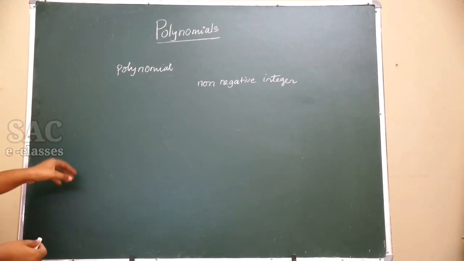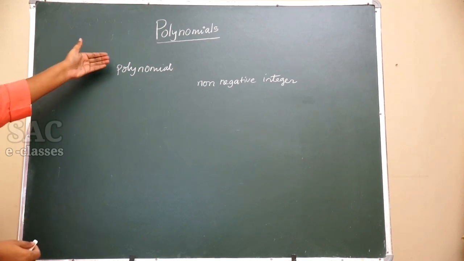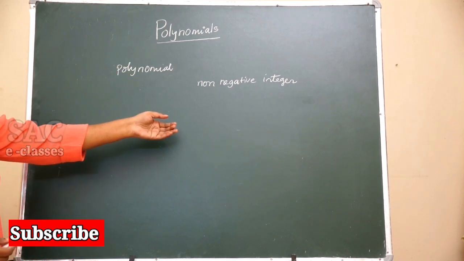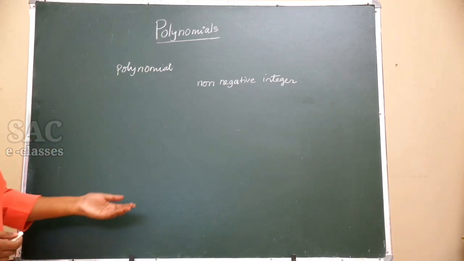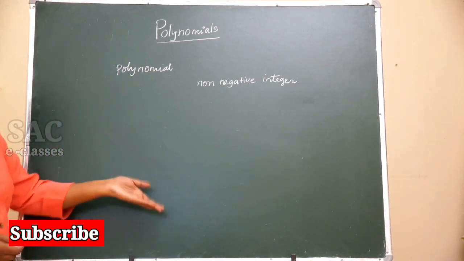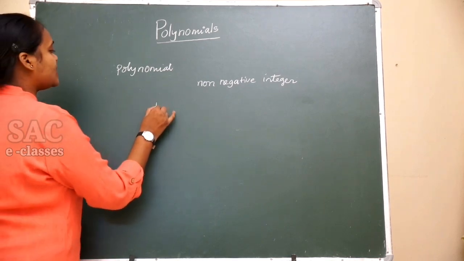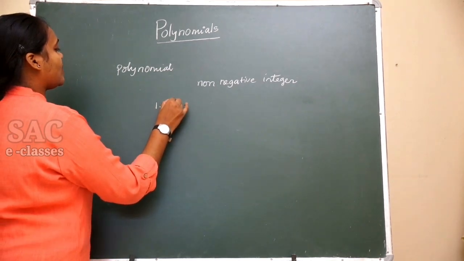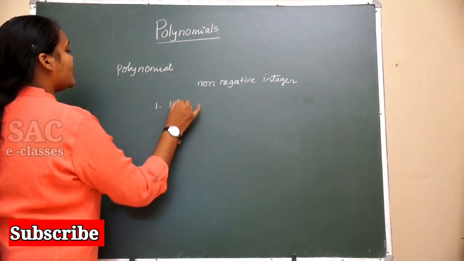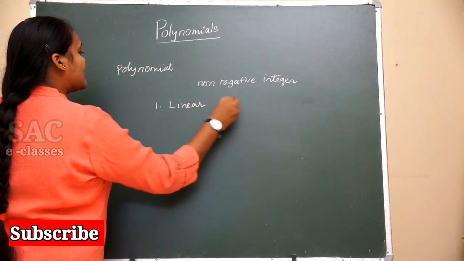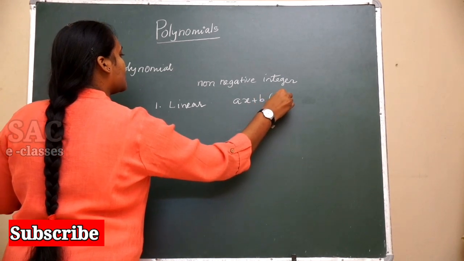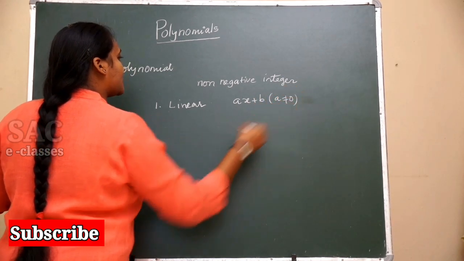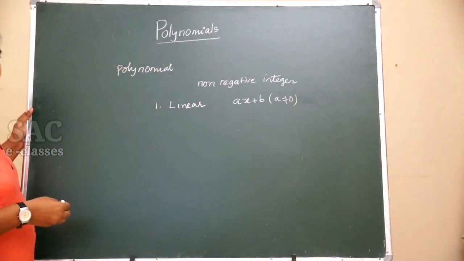Based on the degree of the polynomial, we can classify polynomials into some types. Whenever the highest degree of a polynomial is 1, we call it linear. The general form of a linear polynomial is ax plus b, where the leading coefficient a is not equal to 0.